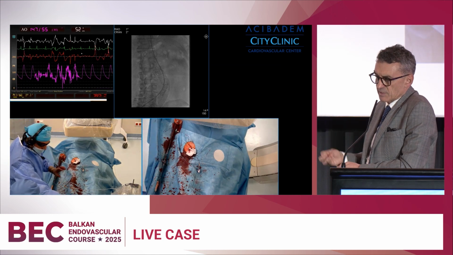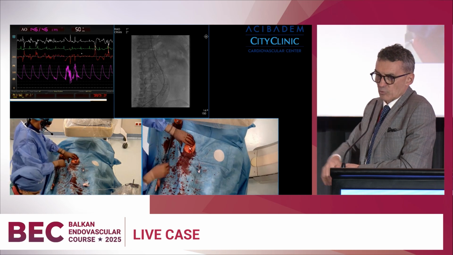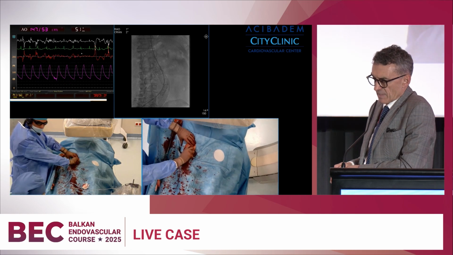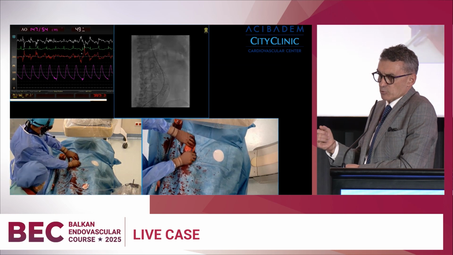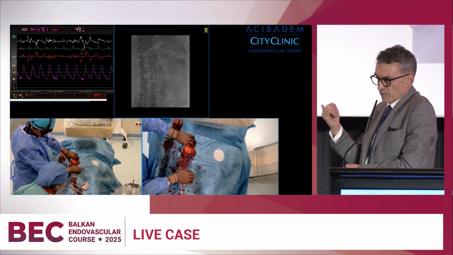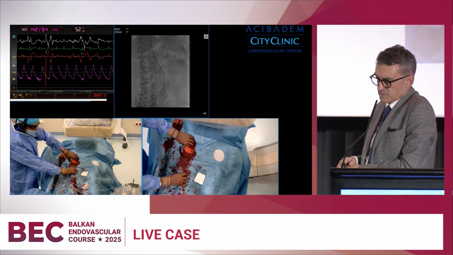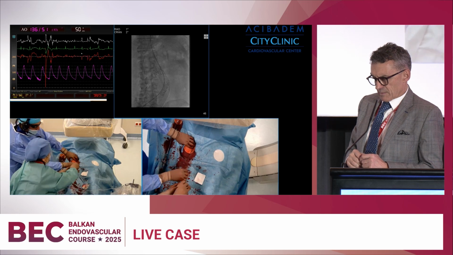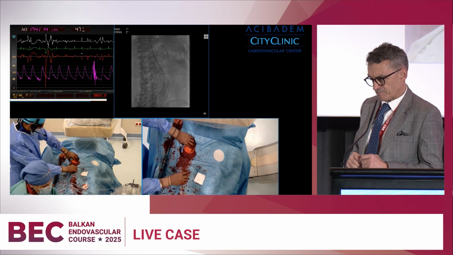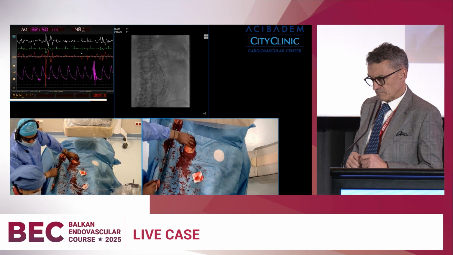We are putting the delivery system of the Endurant stent graft directly over the wire without a sheet, because the hole is already absolutely equal to the hole of the sheetless positioned system. Now we're ready for the placement of the stent graft.